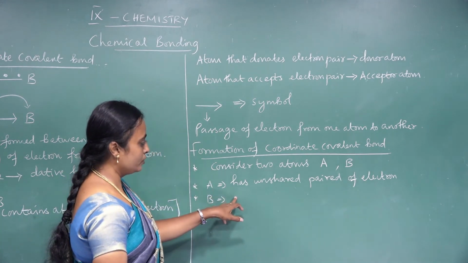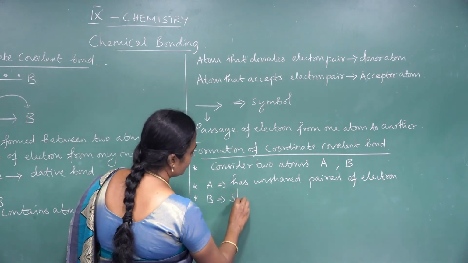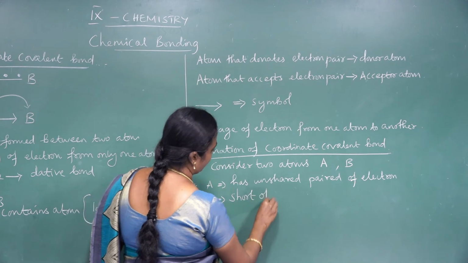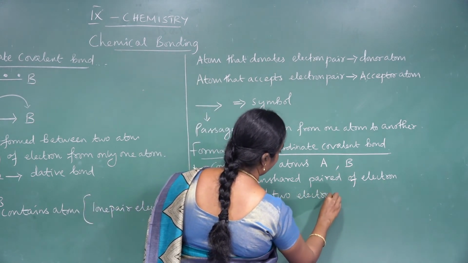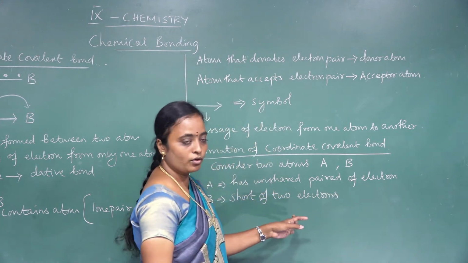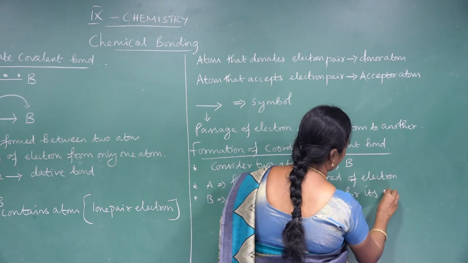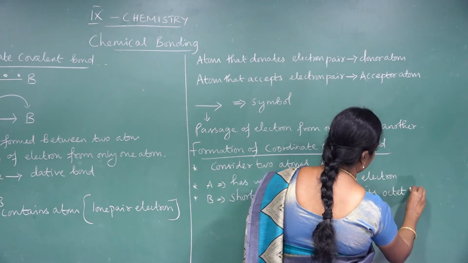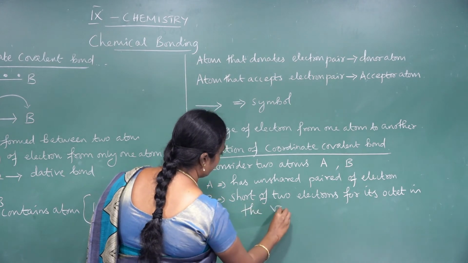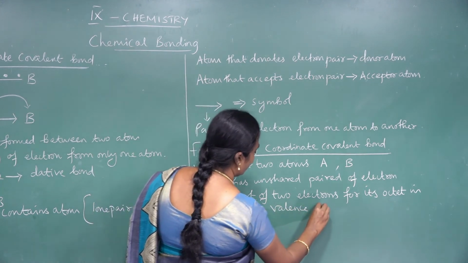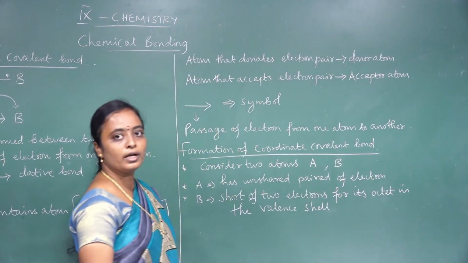Suppose B is short of two electrons for its octet in the valence shell. So what does short of two electrons mean? The atom is deficient by two electrons.